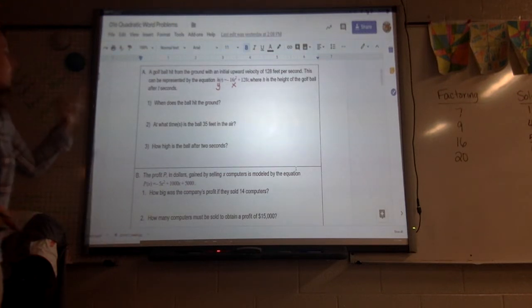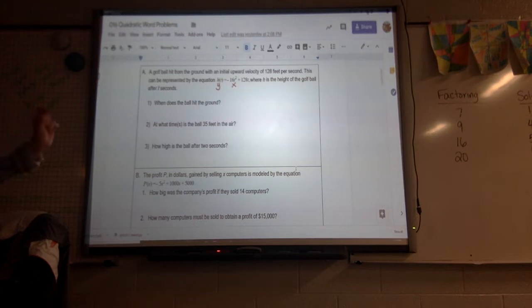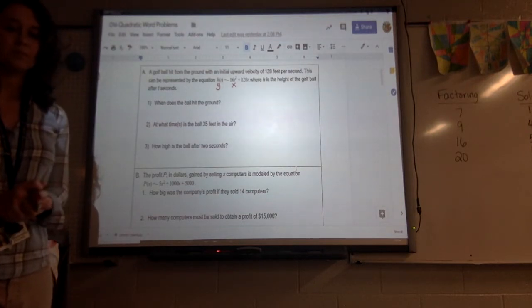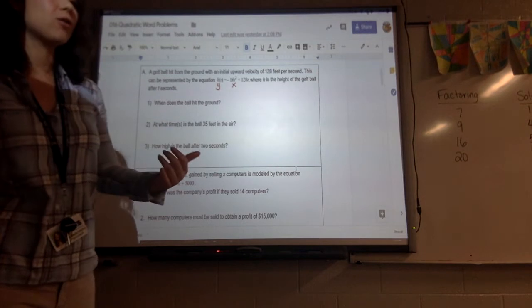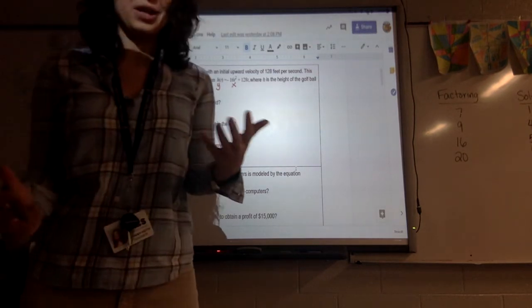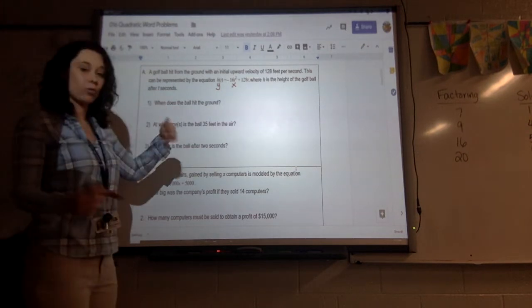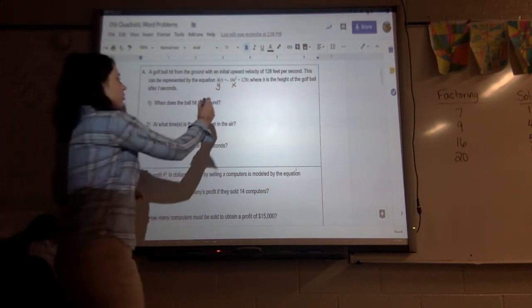So now, if I wanted to go answer question 1, it says, when does the ball hit the ground? Okay? Well, think about it this way. If the ball is sitting on the ground, what's its height? Hopefully you said 0. If the ball is sitting on the ground, it's not up in the air at all. So what they are asking me is, when is y, or when is the height, equal to 0?